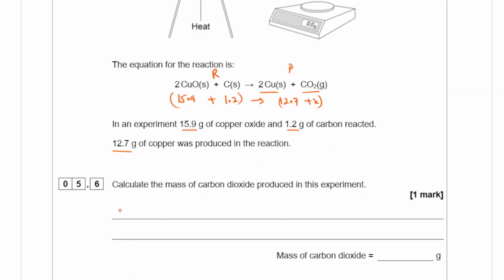Let's do this on the side. Reactants mass is 15.9 plus 1.2. Add that up. It's 17.1 grams. So if I take away 17.1 minus 12.7 will give me 4.4 grams.